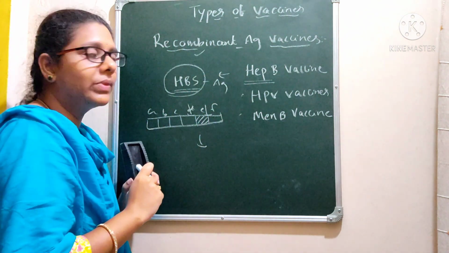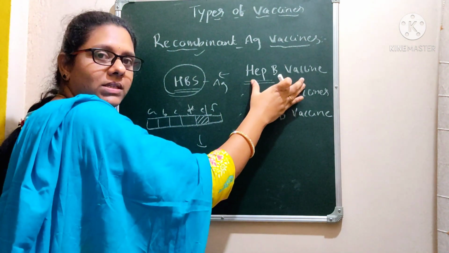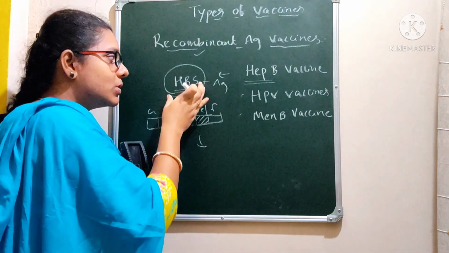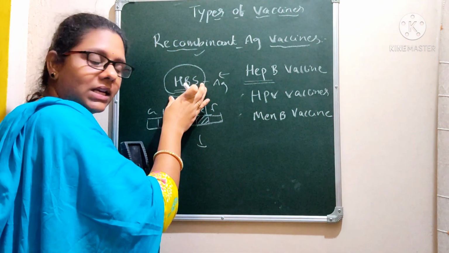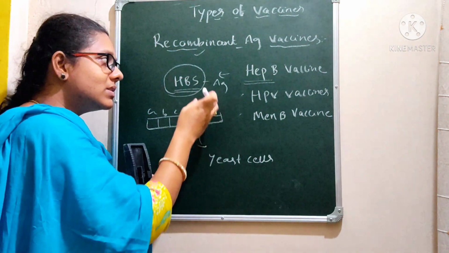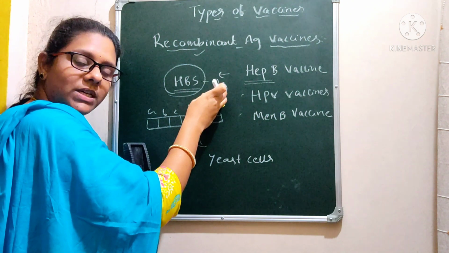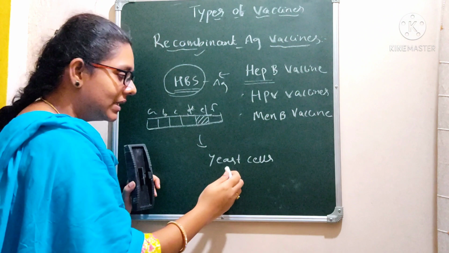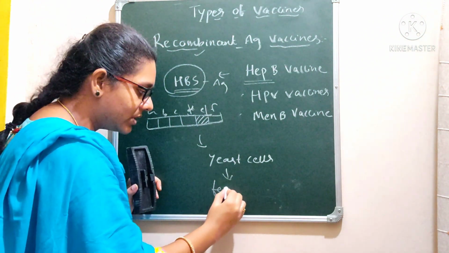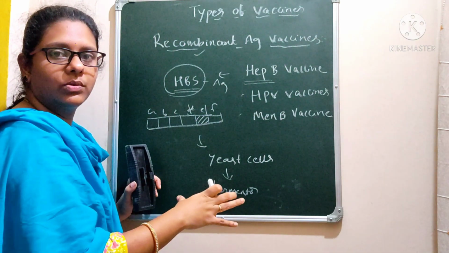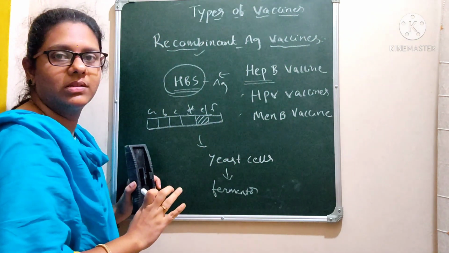Especially for the preparation of this hepatitis B vaccine, after the isolation of the gene that codes for the hepatitis B surface antigen, it is introduced into a yeast cell, and these yeast cells are then introduced into a fermenter where you provide all the nutritional sources that support the growth of the yeast.